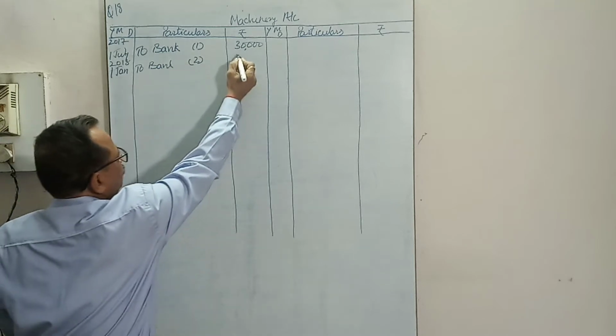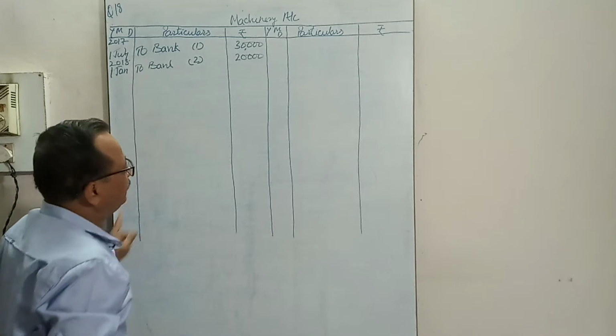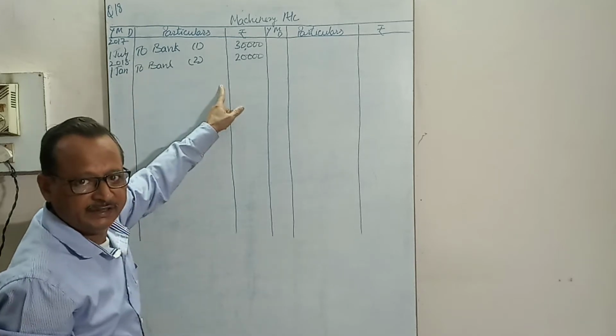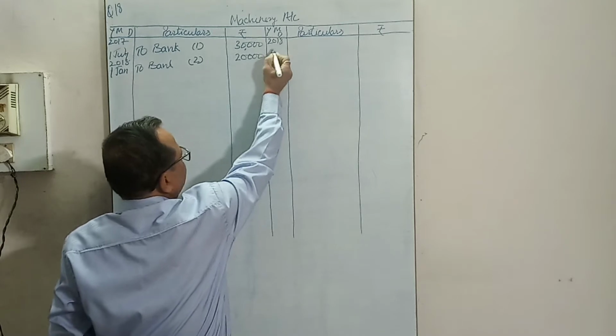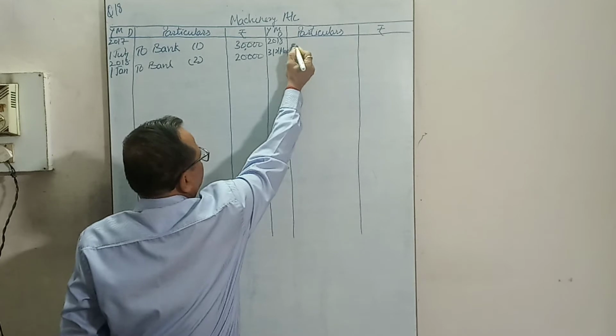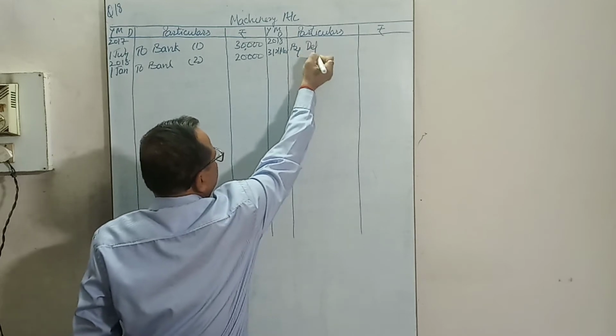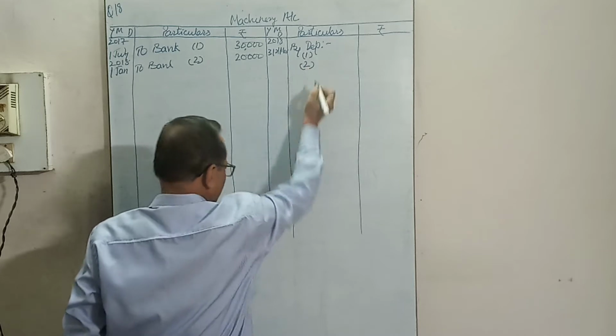Machine number 2, 20,000. Now depreciation will be charged on these machinery on 31st March 2018, by depreciation, machine number 1 and machine number 2.